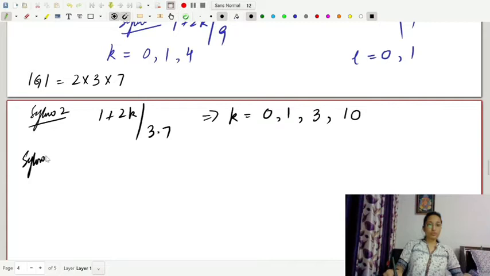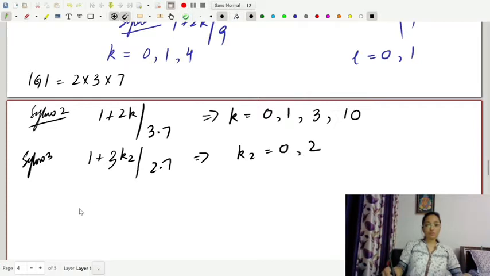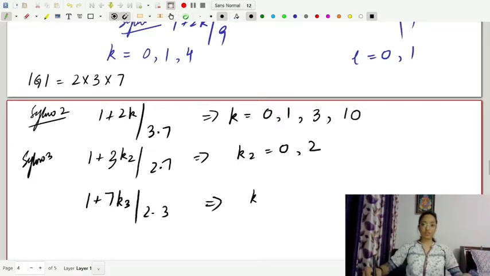For Sylow 3, we have 1 plus 3k2 divides 2 into 7, which in turn implies k2 has choices 0 and 2. For Sylow 7 subgroup 1 plus 7k3 divides 2 into 3, which we have only one choice, that is k3 is equal to 0. Therefore, unique Sylow 7 subgroup, which in turn implies G is not simple.